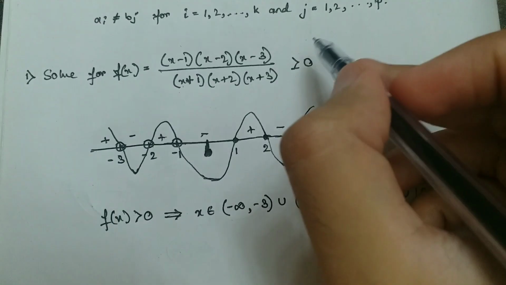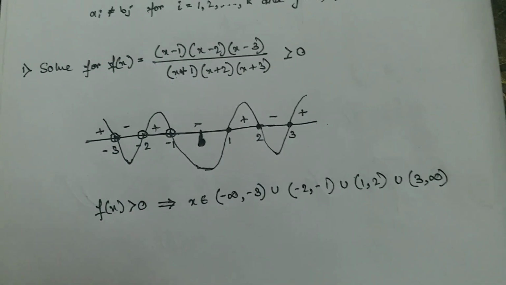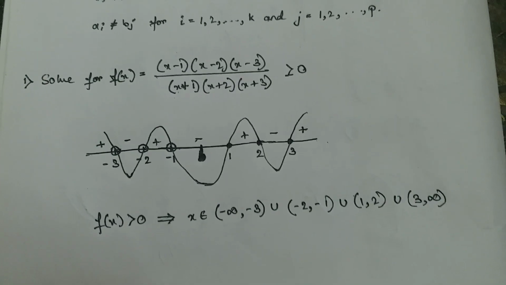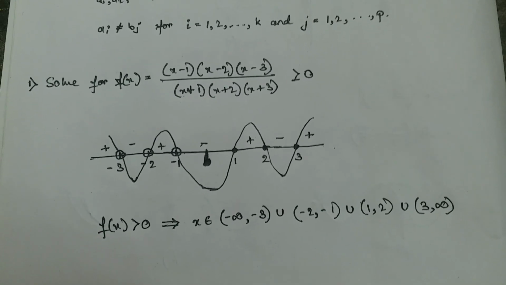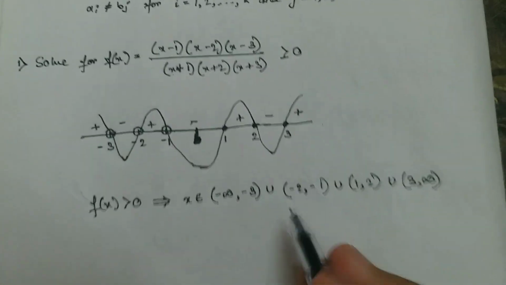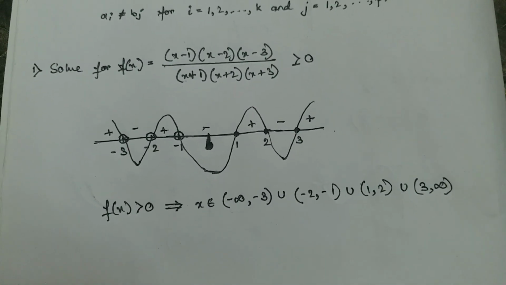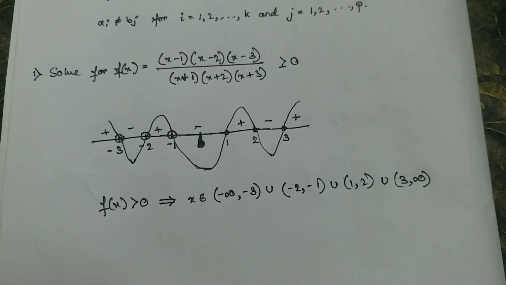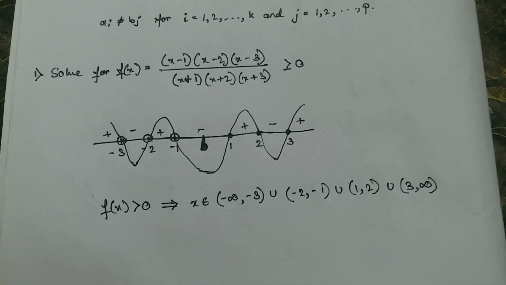But since it's given equal to 0, we will have to find where the function can attain the 0 value, and that we know will be at the zeros of the function, which is the zeros of the numerator. So 1, 2 and 3. So we have to give closed intervals at 1, 2 and 3. Now if you don't know the difference between open and closed interval, I will just clear it for you.